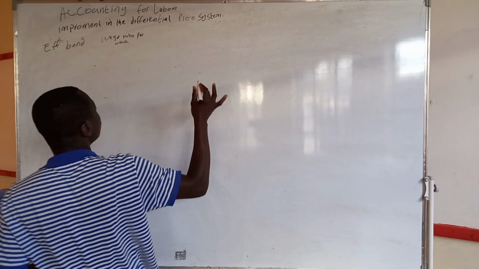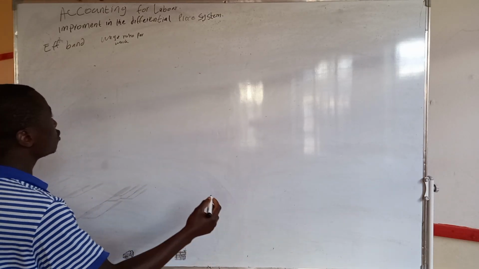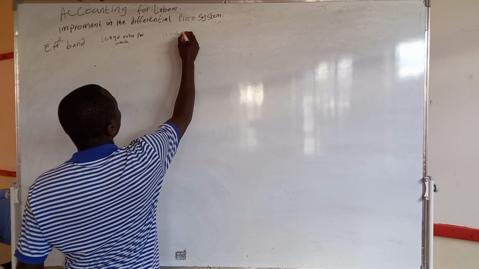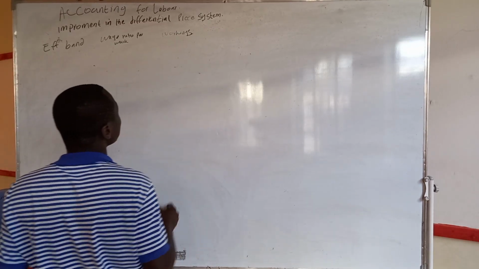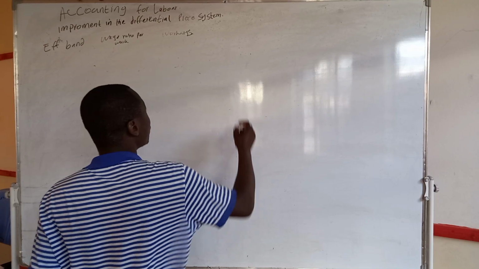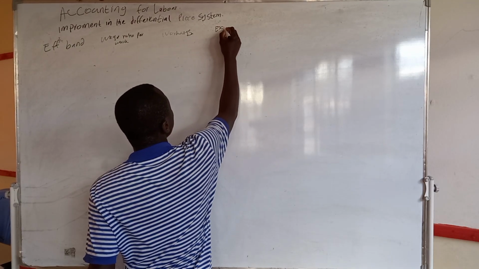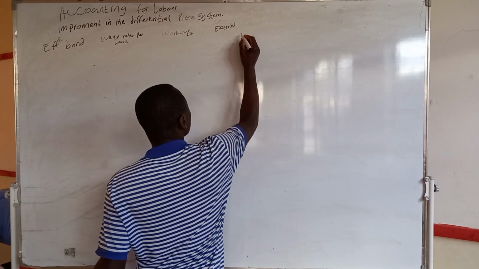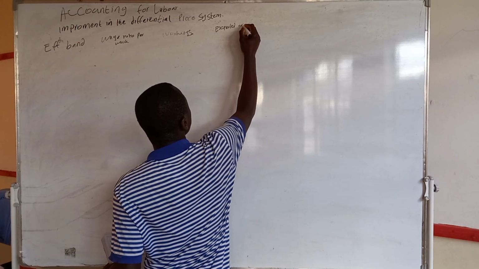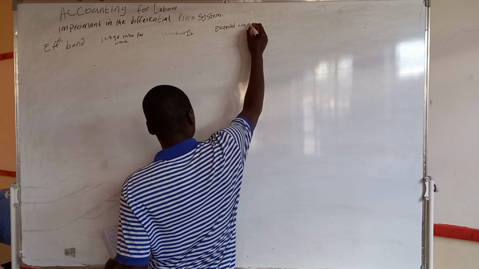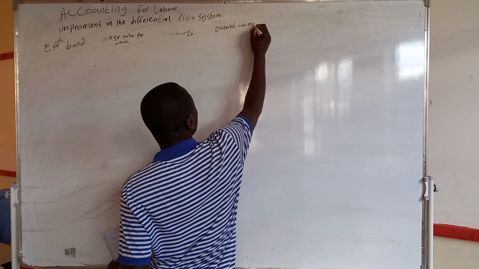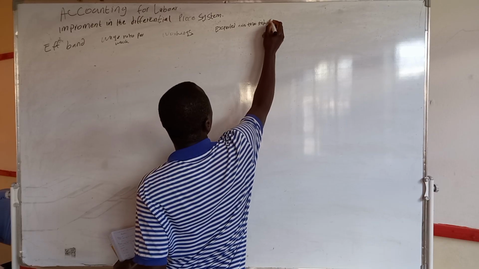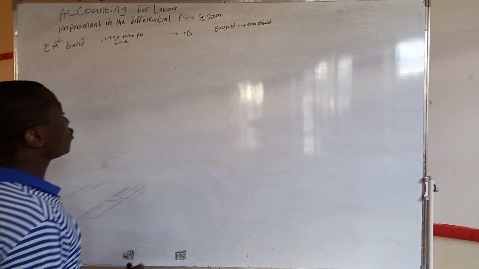So you just make a place where you can do your workings, your calculations. Then we have the expected units to be produced.